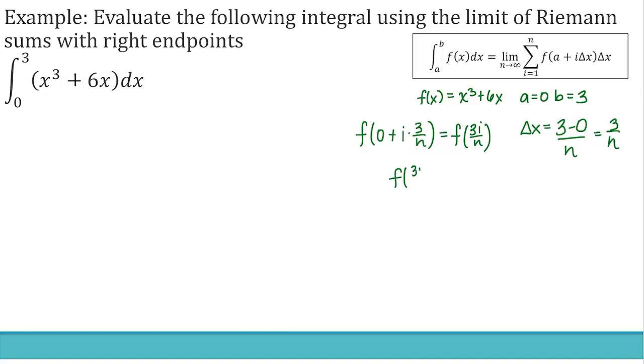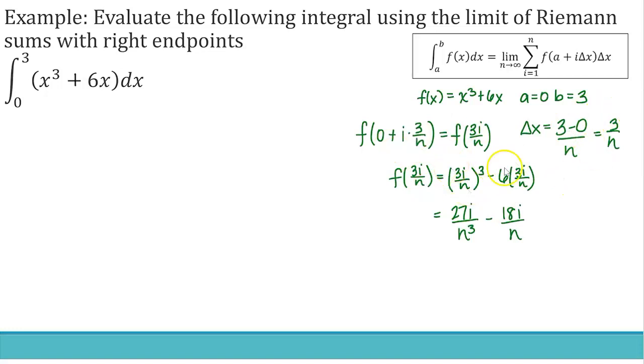So f of 3i over n is going to be 3i over n cubed plus 6 times 3i over n. And I'm going to multiply out a little bit of what's going on in here. So 3 cubed is 27i cubed over n cubed plus 18i over n. So f of 3i over n is this sum here, and that is f of a plus i delta x. And then delta x is just 3 over n.